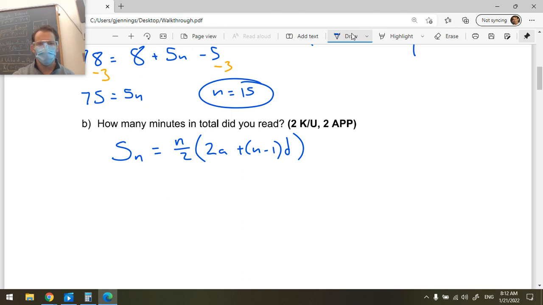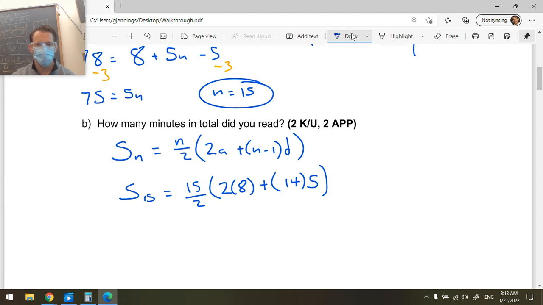Now evaluate that. My n is 15, so it's 15 over 2, multiplied by 2 times the first term. The first term was 8, so that's 2 times 8, plus 15 minus 1. I'm just going to write down 14. Multiplied by the common difference of 5. I could factor the 2 out, but I'm just going to do the BEDMAS here.